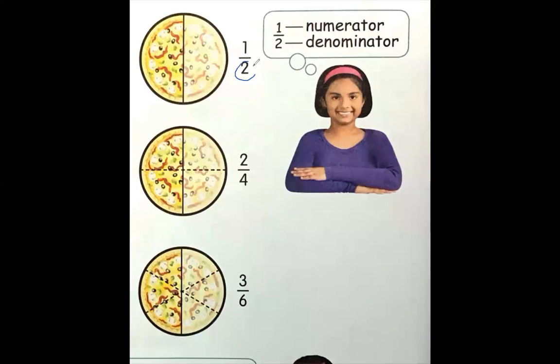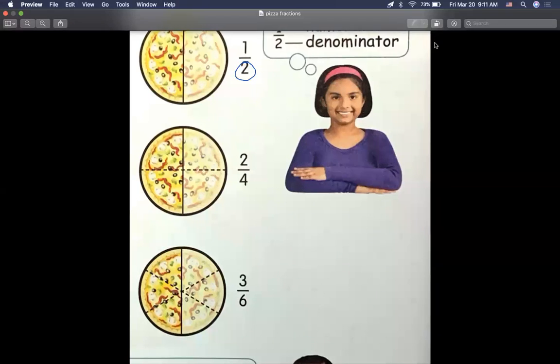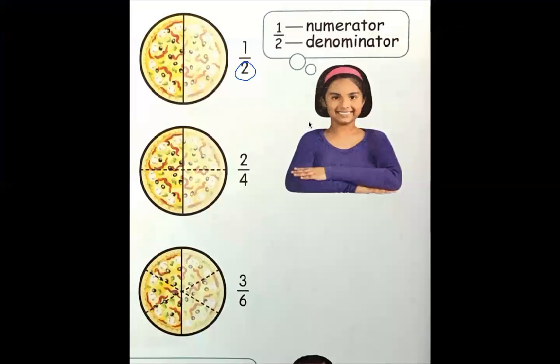What's the 2? 2 is the denominator, but the 2 means something. If you look at the pizza, 2 means the pizza is made into 2 pieces.